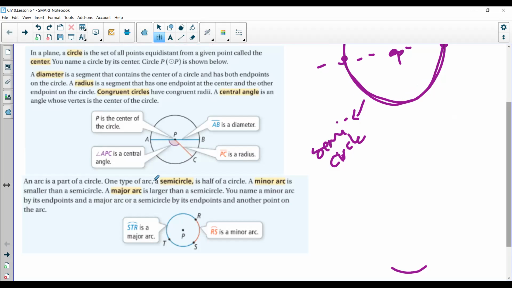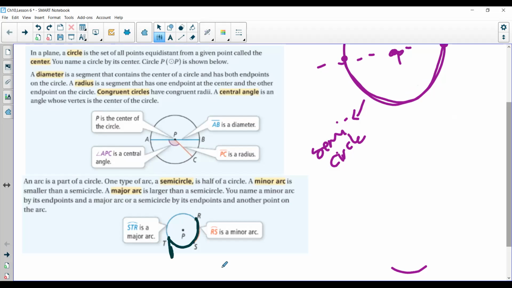One type of arc is a semicircle, which is half of a circle, like this one. You start from point R until point T, so we will name it RST. This is a semicircle.